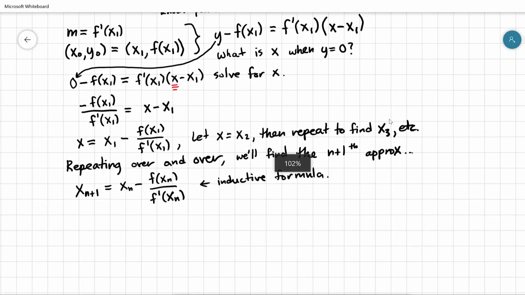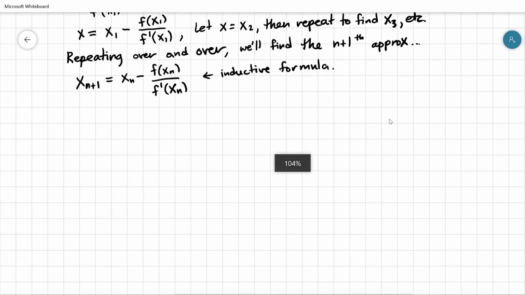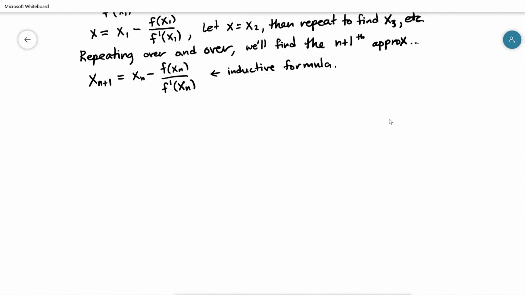But is this always going to be the case? Does this always work? The answer is no.